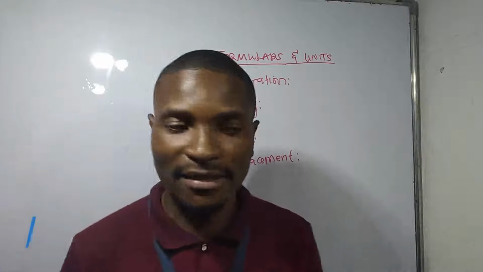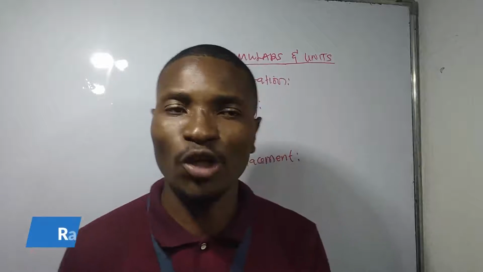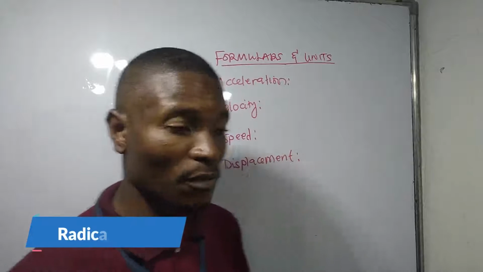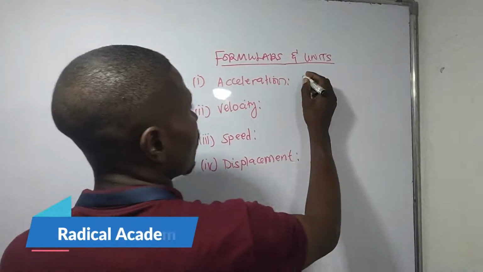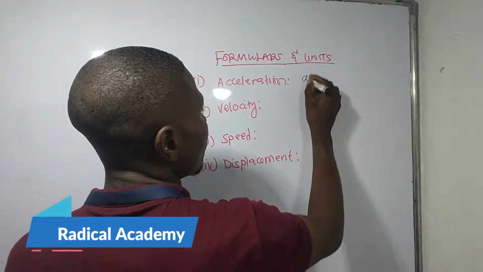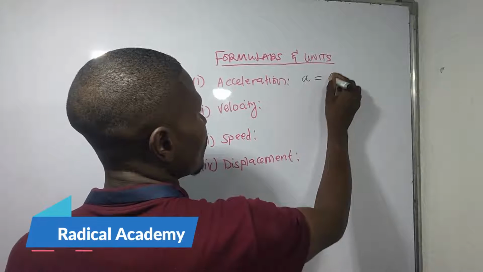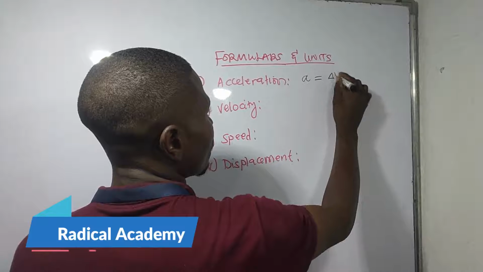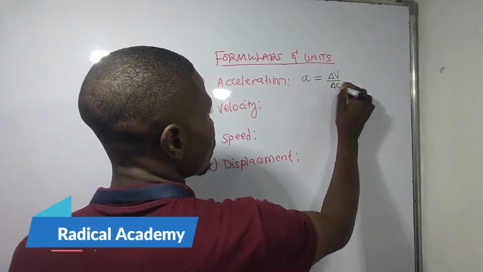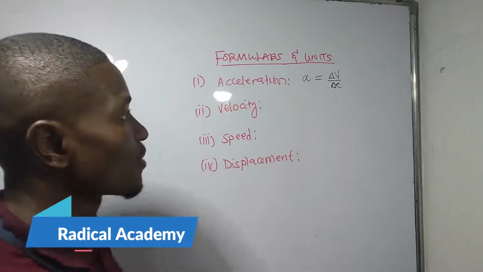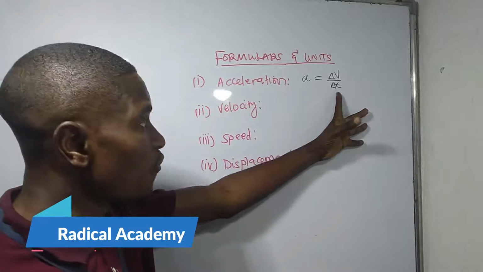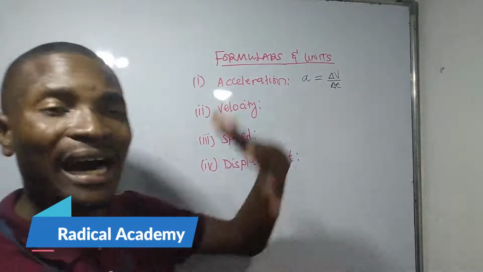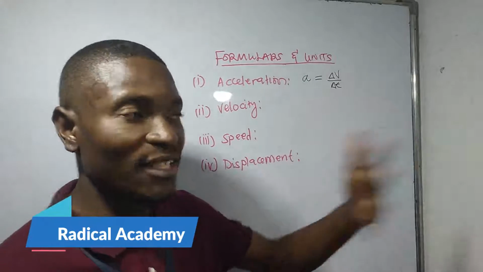Now, we said that acceleration is the rate of change of velocity. This can be said as: acceleration equals change in velocity over change in time. Rate means something to do with time.